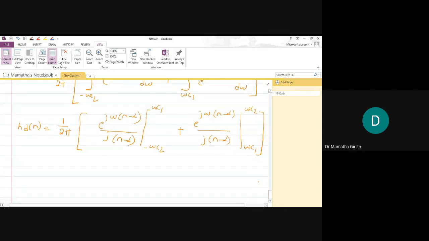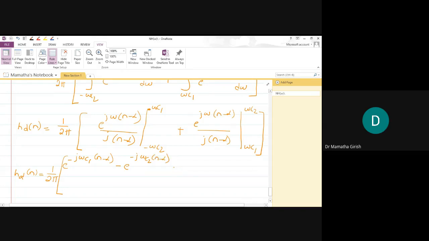Once we substitute, we end up with the equation: hd of n would be equal to 1 by 2 pi. For both terms there is a common denominator. The first term has a minus sign, don't forget: e to the power of minus j times omega c1 of n minus alpha, minus e to the power of minus j times omega c2 of n minus alpha.